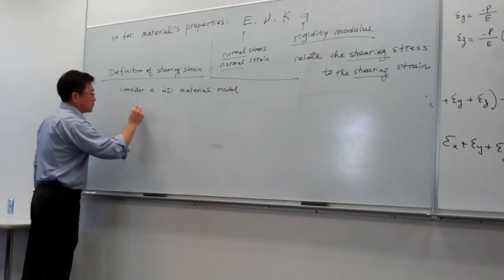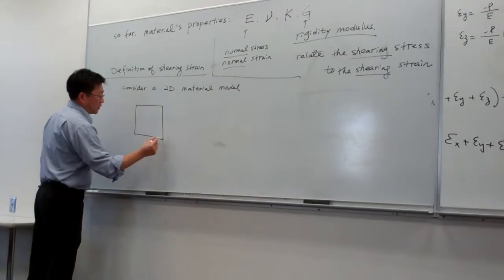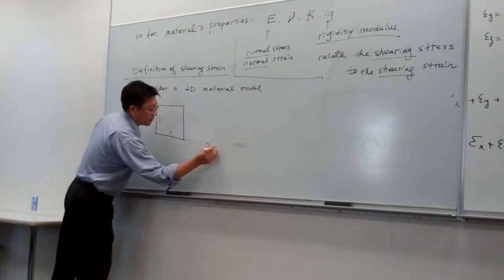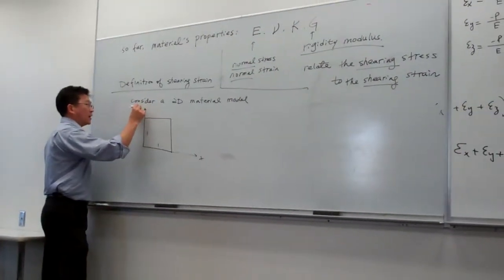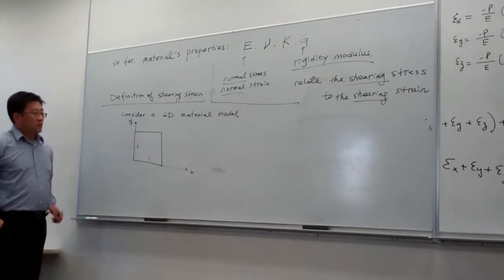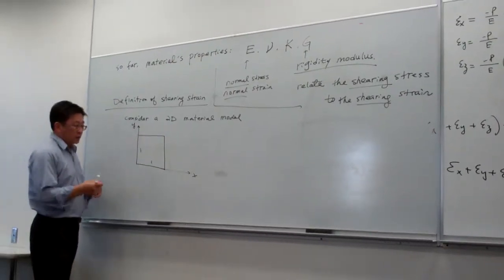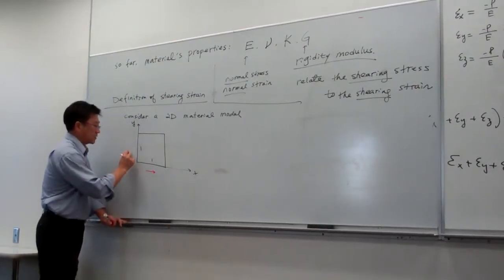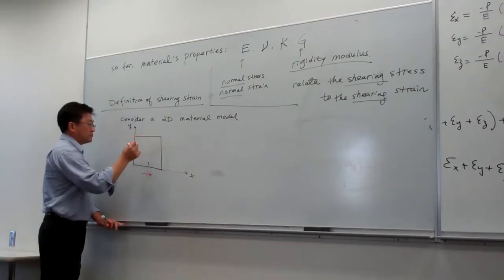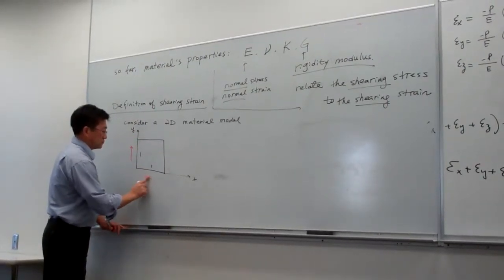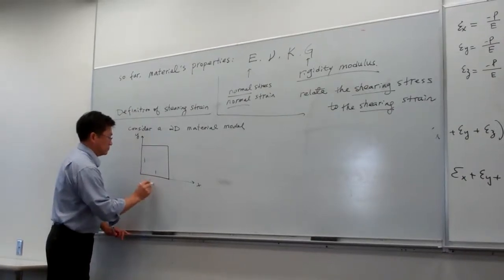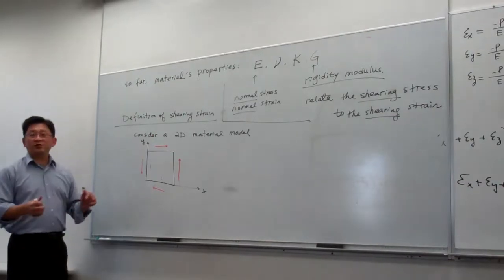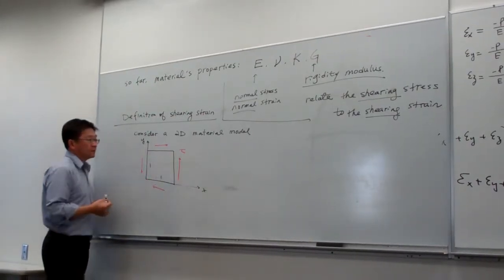So if we consider a 2D model, for example, that is a unit in the dimensions, let me define the XY dimensions. So if this unit model is under the shearing stress or the shearing force like this, so basically this shearing, let me call this tau, okay?